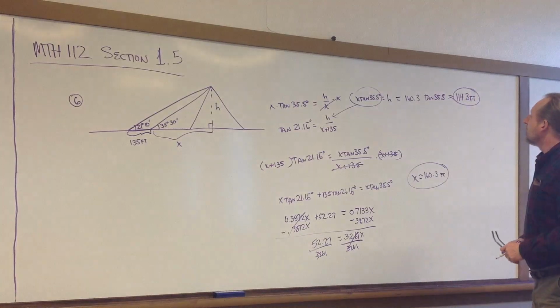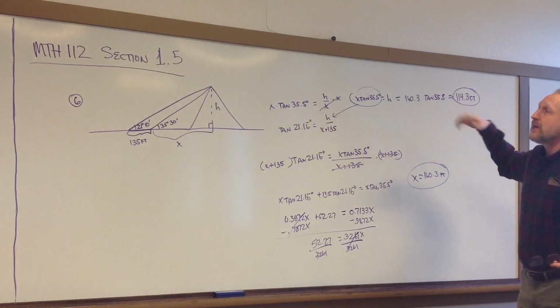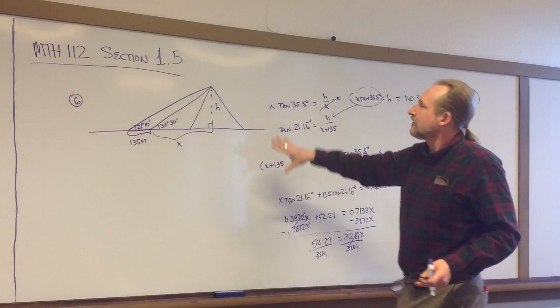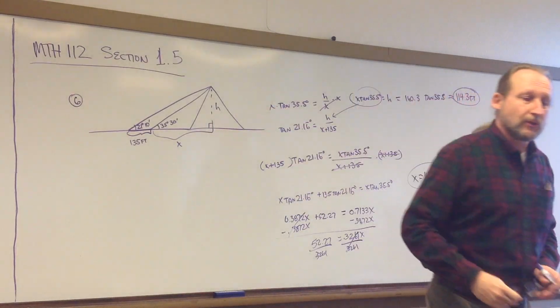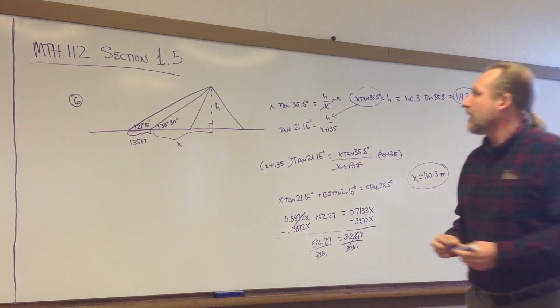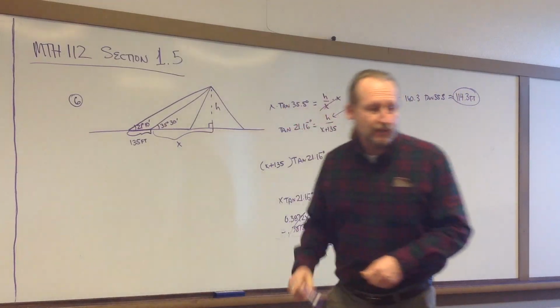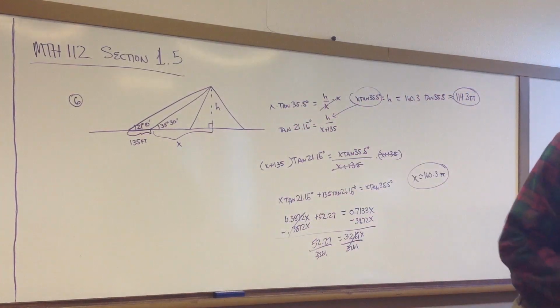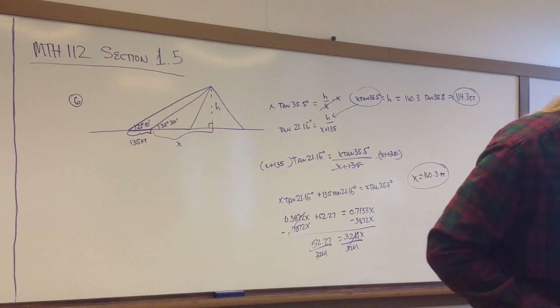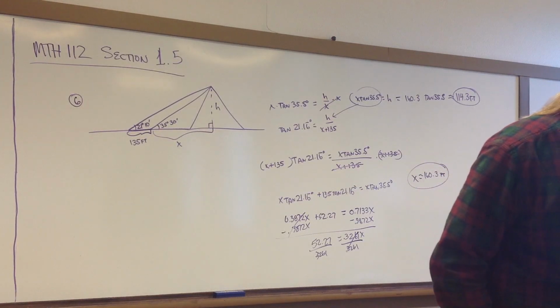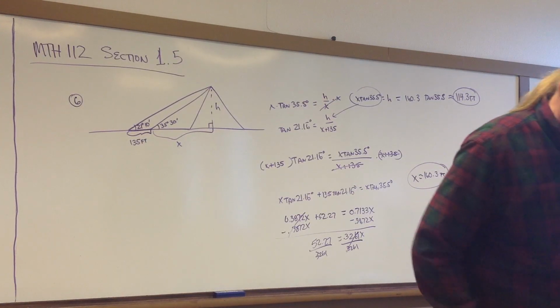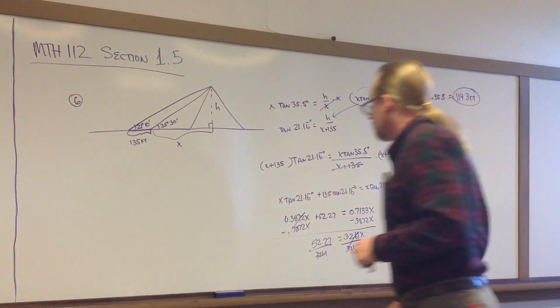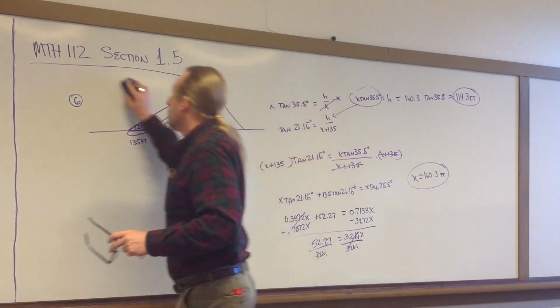But finding out this information gives me some sense of what this picture actually should look like. Okay, let's see what else we've got here. Problems 8 and 10 are a little bit different, so let's take a look at those.